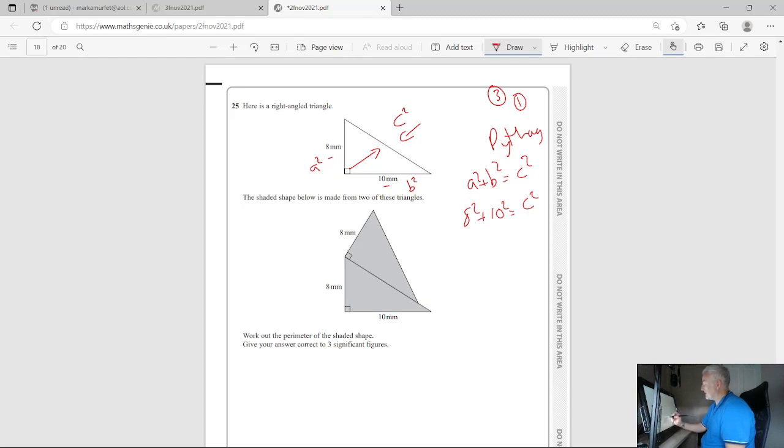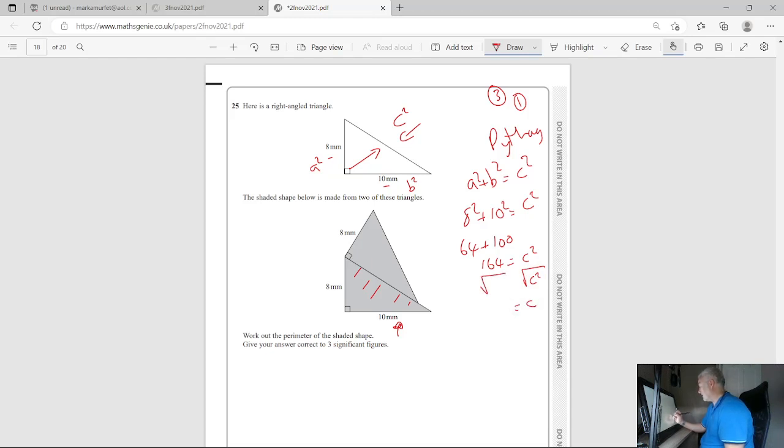Remember that's my bottom question just here. Bottom triangle. This is the one we're doing. 8 squared gives me 64. 10 squared gives me 100. That gives me 164 equals c squared. I want to know the square root of c squared because that's going to give me c.